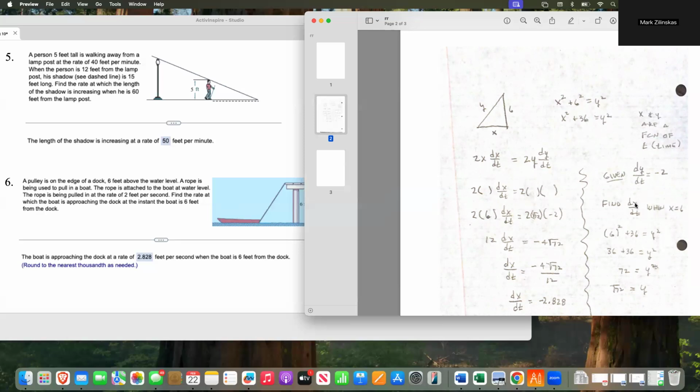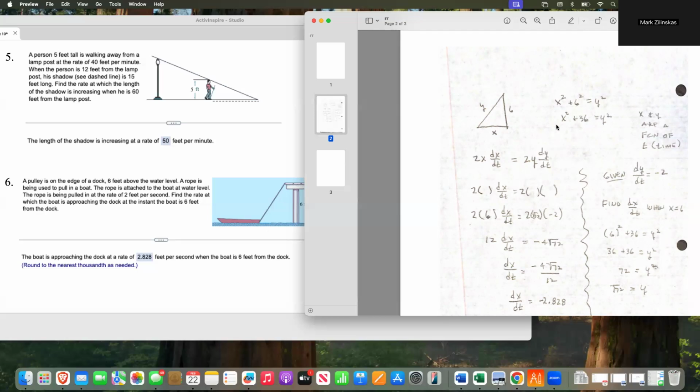So what I need to do is take this equation here. I'm going through all this so you understand what it is that we're trying to find. In essence, we're trying to find out how fast that boat is moving towards the dock at that particular instant when the rope is being shortened at 2 feet per second. And we're going to use implicit differentiation to do that.